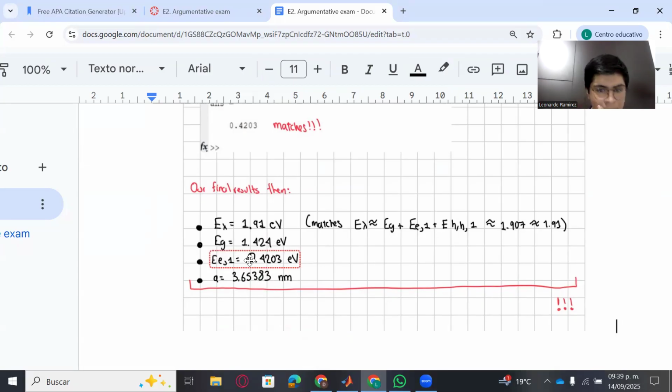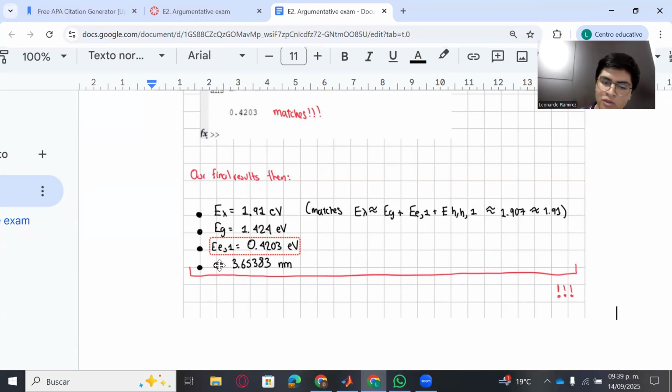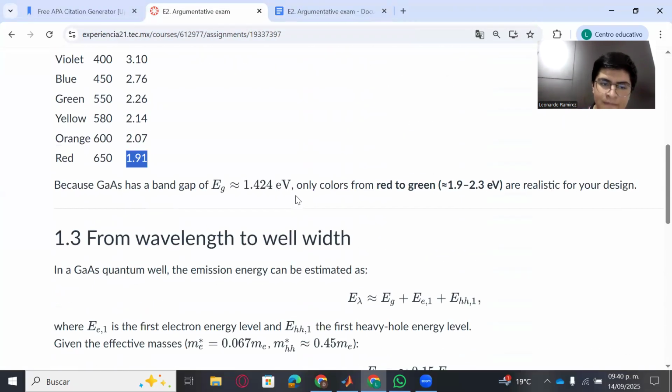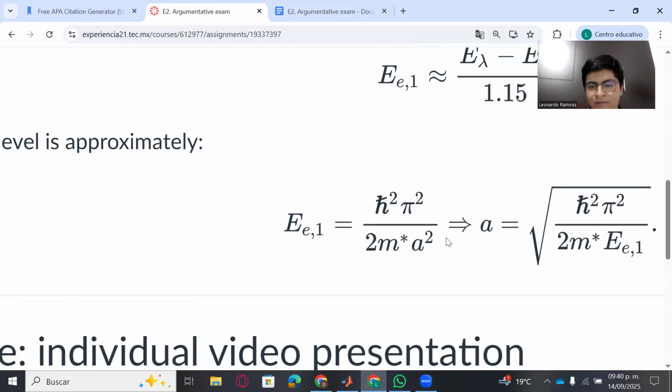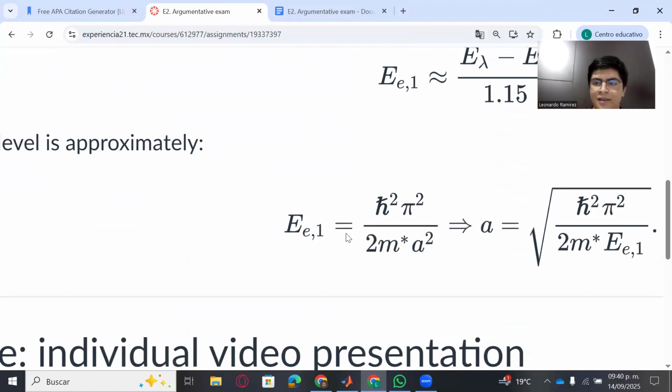This was not given, but we had three different ways to solve for it: the analytical method presented in our instructions, the analytical method presented in class, and also MATLAB. And here we also have A, which we derived with the formula given after solving for A in the first energy electron level formula.